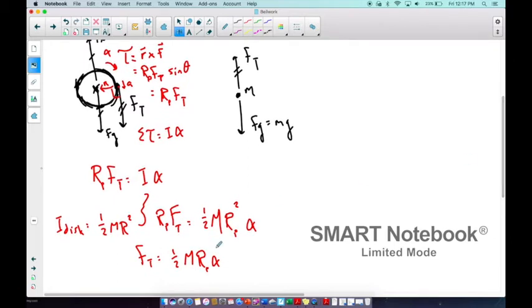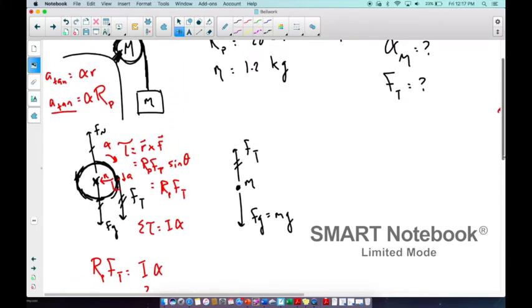In other words, I have two unknowns right now, force of tension and alpha, so I need two equations. And I'm recognizing that I have reached the end of the line. I've written everything I can write for my pulley, so I now need to start working on this object. And I recognize that there is a deep connection between the two. This object is going to be accelerating downward, and that acceleration is related to the angular acceleration of my pulley. Okay?